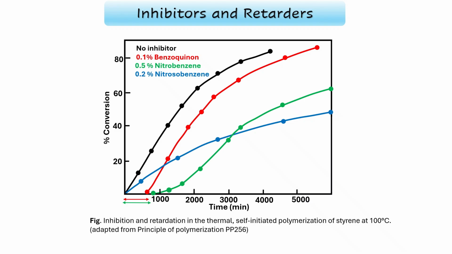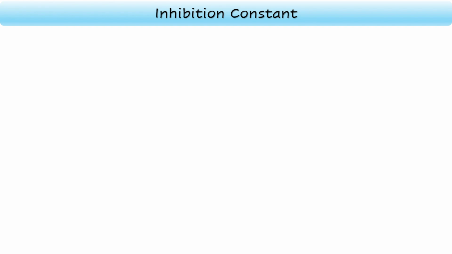Now let us see an important parameter that helps us quantify the strength of an inhibitor. This is called the inhibition constant, Z, and is defined as the ratio of the rate constant of the inhibition reaction to the rate constant of polymerization.